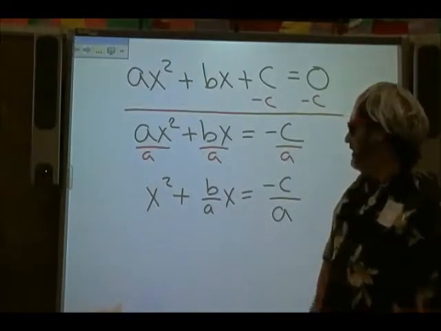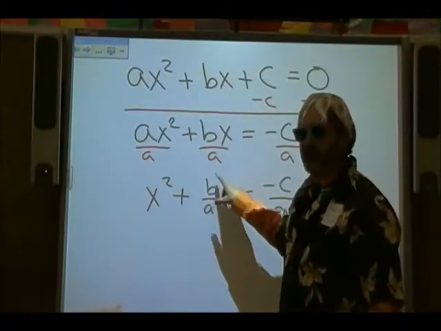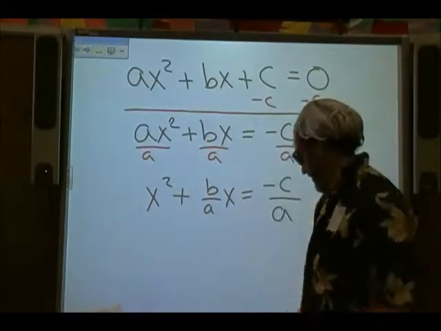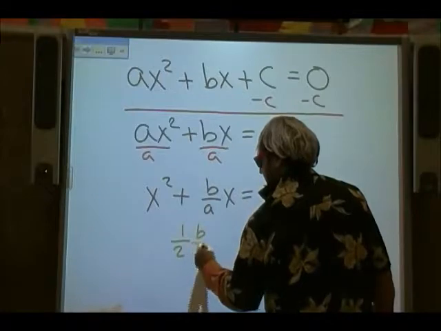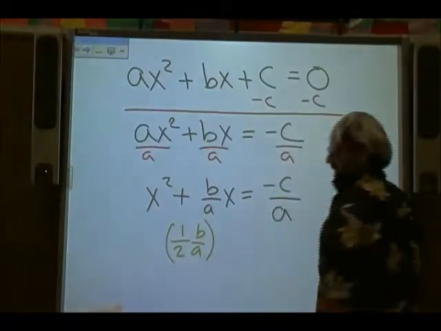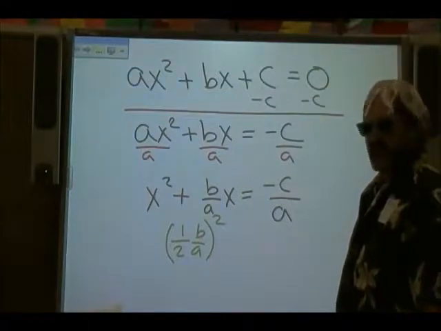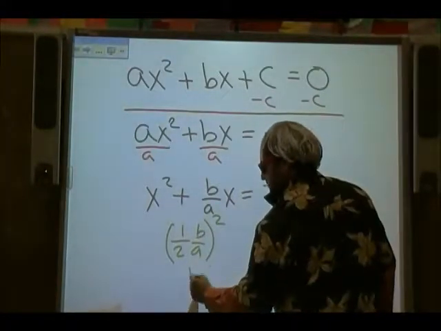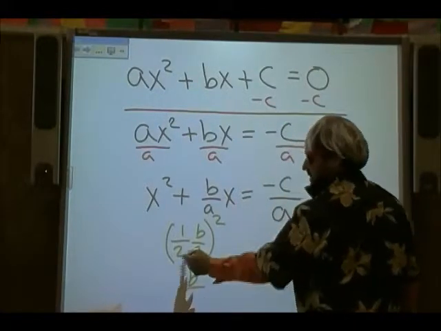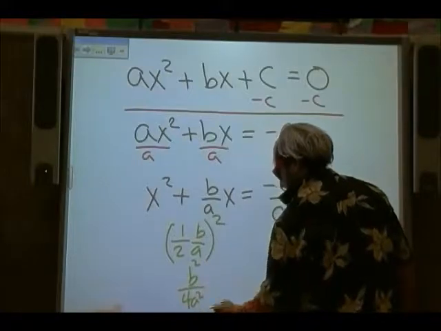The way it works is I take half of this b over a, and square it. So I take half of this b over a, and I square it. What it's going to come out to is b squared over 2a, and 2a squared is 4a squared.